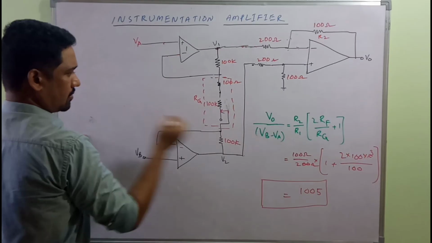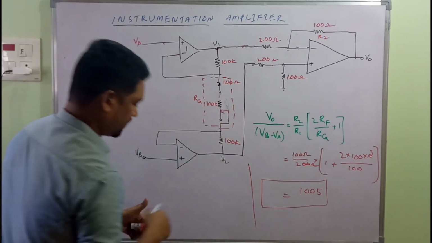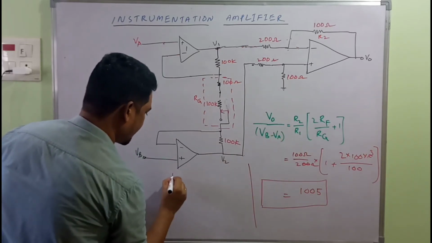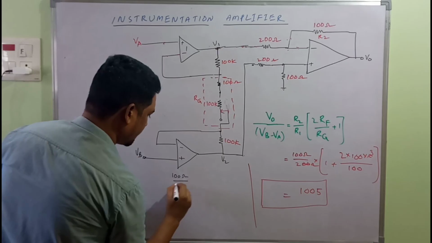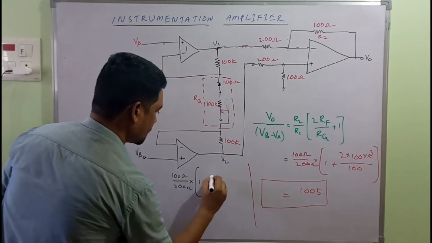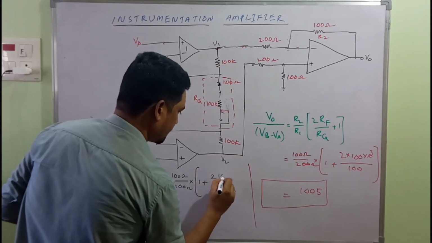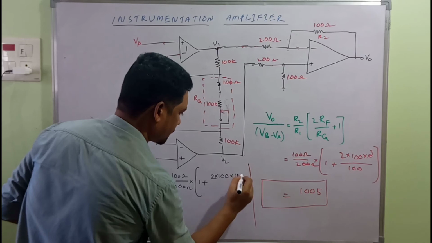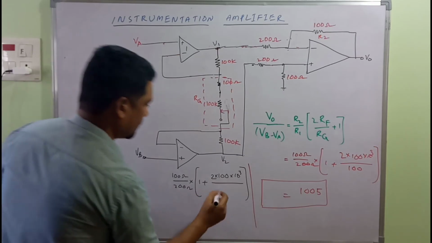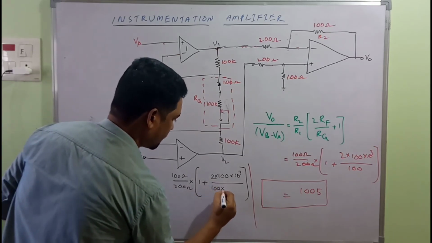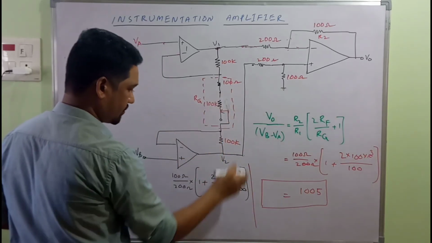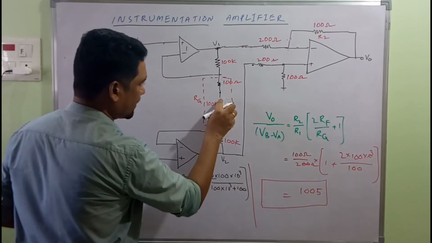Once again, making use of the same expression, the gain is the ratio R2 by R1, 100 ohm by 200 ohm, into 1 plus twice of RF, which is 100 into 10 raised to 3, upon 100 into 10 raised to 3 plus 100, because these come in series. The 100K is also included in the place of RG plus this one.